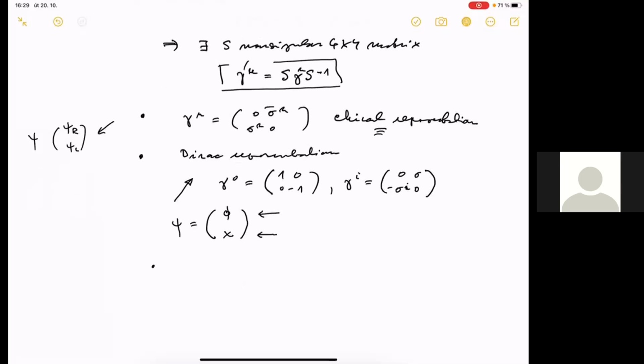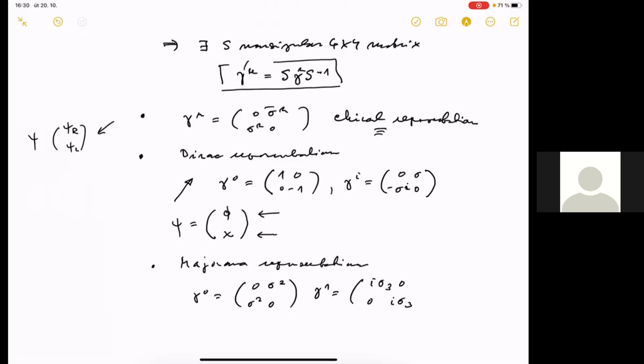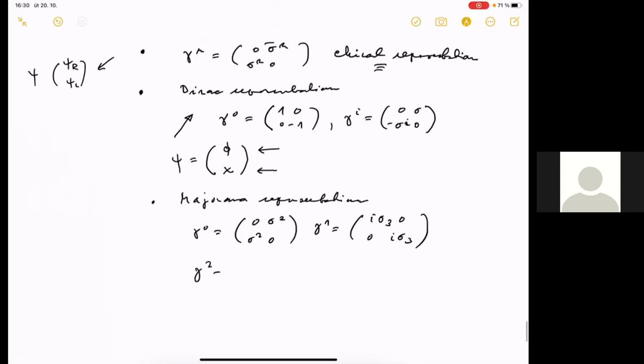There exists one very interesting representation of Dirac matrices, which is called the Majorana representation, in which gamma 0 is given by 0, sigma 2 Pauli matrix; gamma 1 is given by i sigma 3, 0, 0, i sigma 3; gamma 2 is given by 0, minus sigma 2; and gamma 3 is minus i sigma 1, 0, 0, minus i sigma 1.